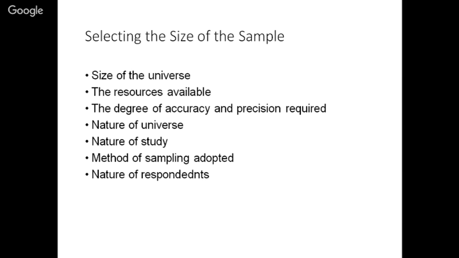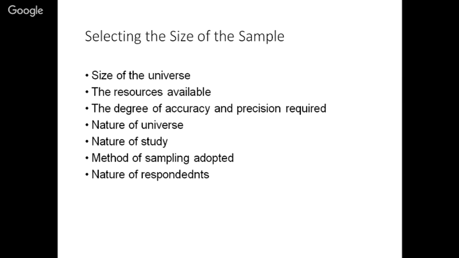If the universe or population has similar characteristics, in simple terms if it is homogeneous, then we will need a smaller sample for that study problem. And if the variation of characteristics is maximum in that particular population, or the population is heterogeneous, in that case we need a larger sample size.